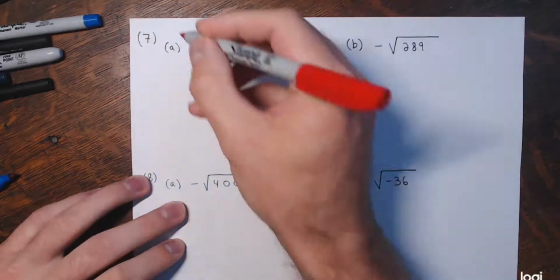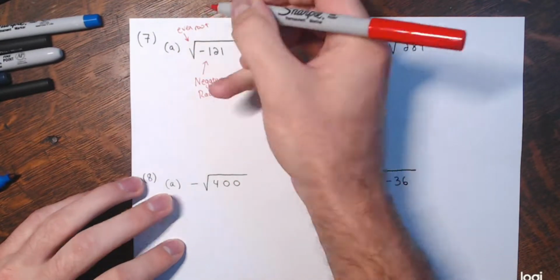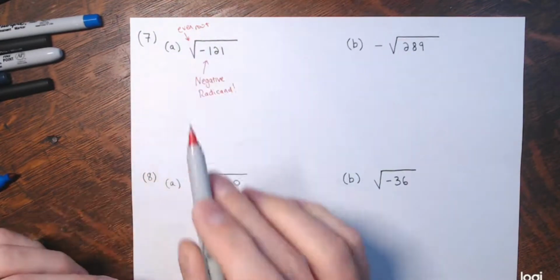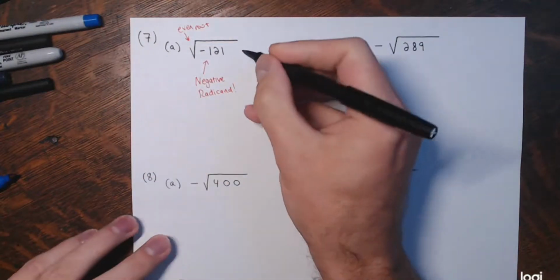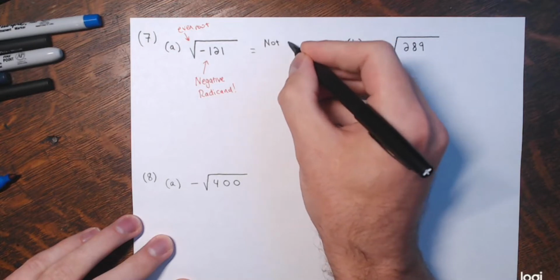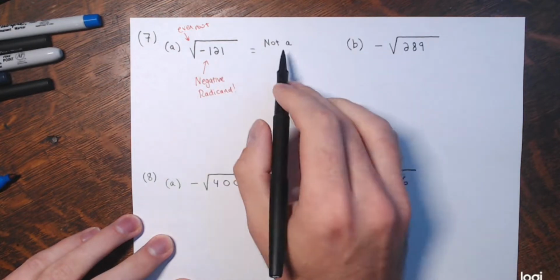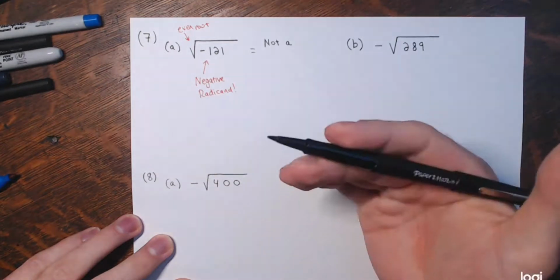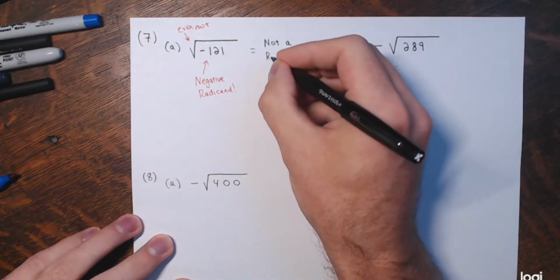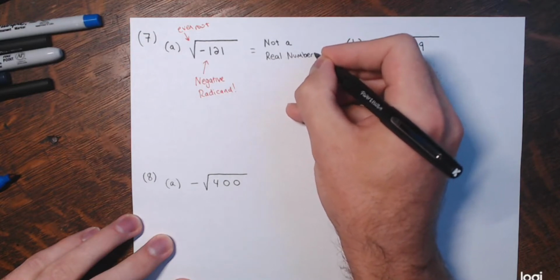And again, this is an even root. And I said it earlier, right? Even roots of negative numbers, we're just going to simply say right now that this is not a real number, and that's all. In later videos and later sections, we will see how to express this as what they call an imaginary number. But for right now, it is simply not a real number, right?